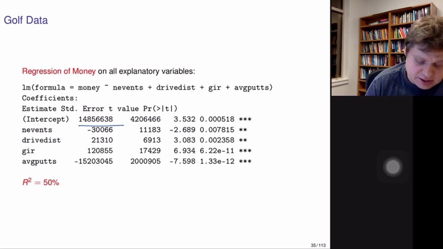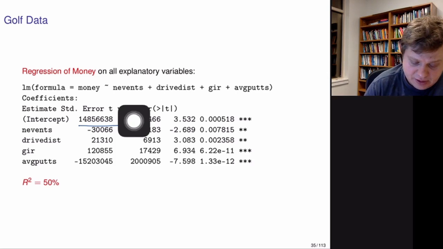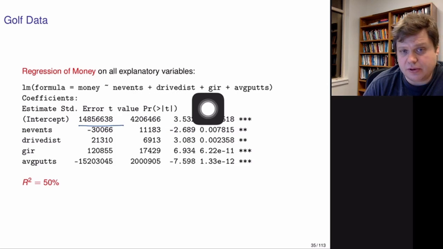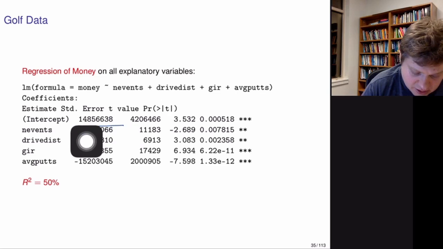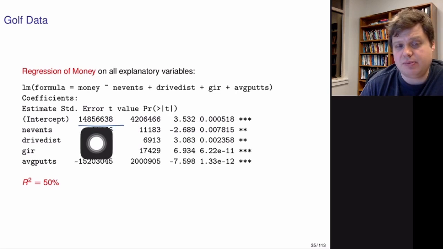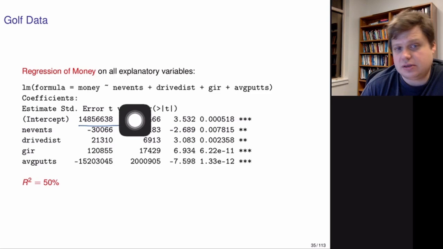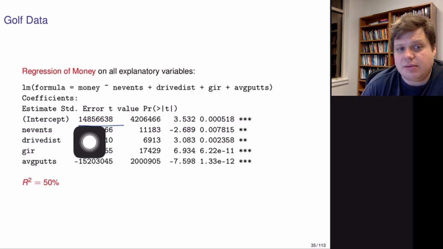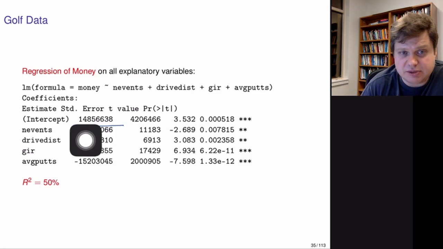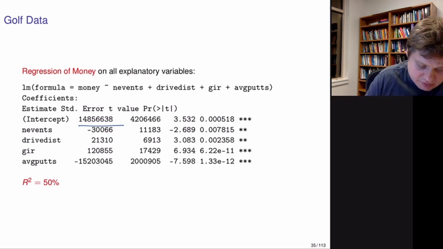What the intercept tells us is that if you participate in 0 events, and your average drive distance is 0, and the greens in regulation is 0, and average putts is 0, then you're going to make $1.4 million, which of course doesn't make sense. If I show up having no skills, not participating in any events, I'm not going to make $1.4 million. So we have to be very suspicious about this prediction from the model.